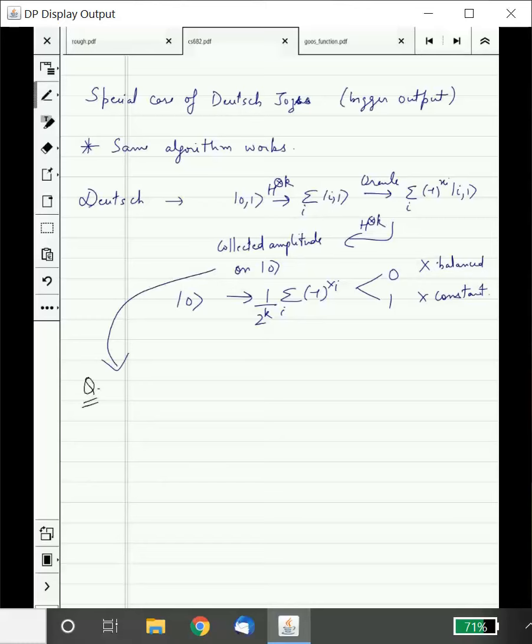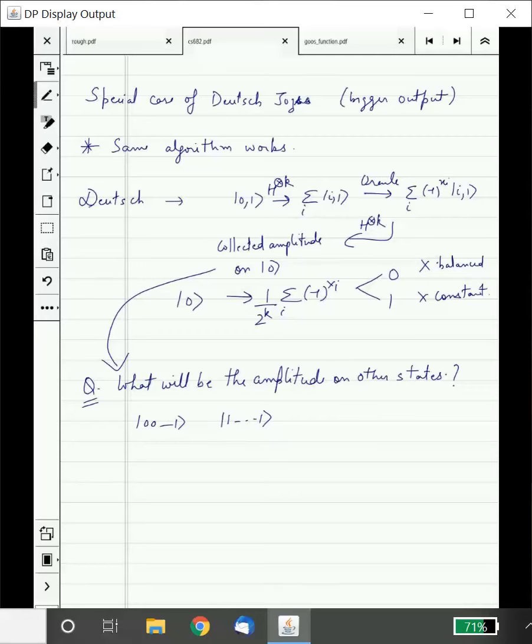I'm going to follow the same thing, but let me ask this question. What will be the amplitude on other states? I have calculated the amplitude on state 0 for the Deutsch-Jozsa algorithm, but what will be the amplitude on other states like 0001, 1111? Can we figure out the amplitude on the other basis states?